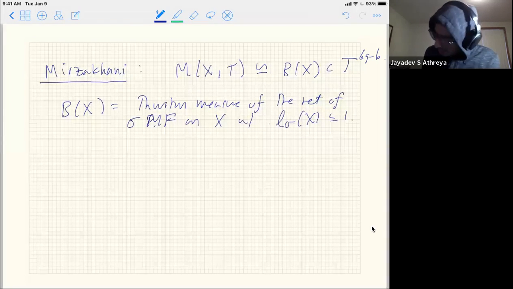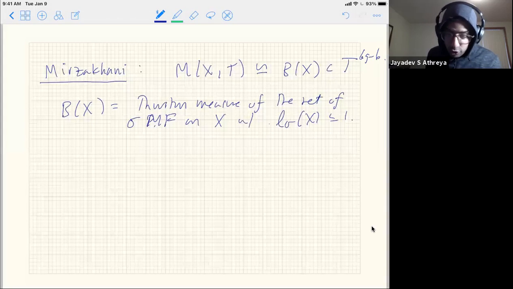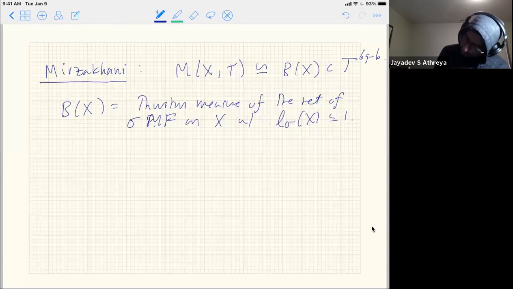Let me not get huge. Let me come back to that remark in just a moment. But let me first talk about where the random hyperbolic surface comes in. Suffice it to say, it's a function b of x that depends sensitively on the geometry of the surface.